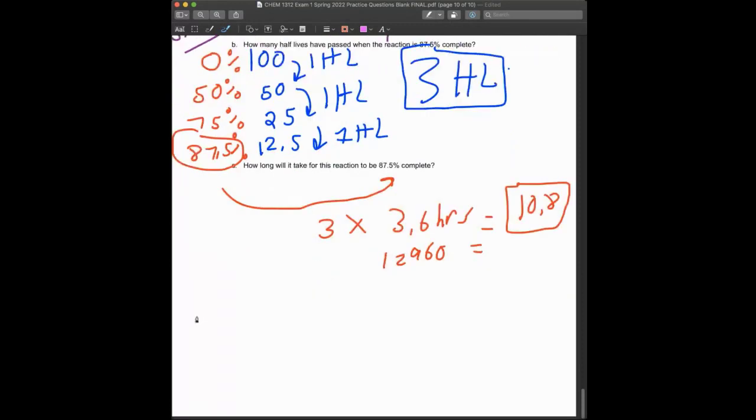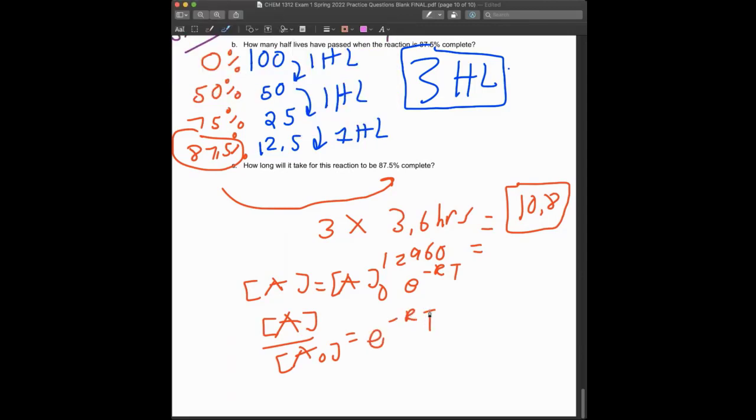That's the short way. There's also a longer way too, and I'll go through that quickly. We know the formula for this first order reaction, because it said so in the problem, is this. When we derive this formula, we get this part. Think of A as the part and this as the whole.